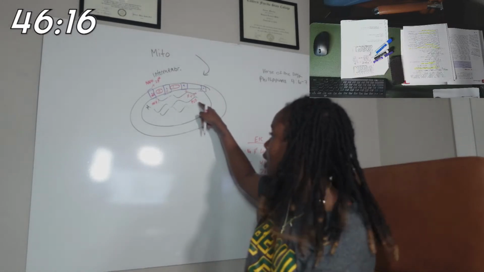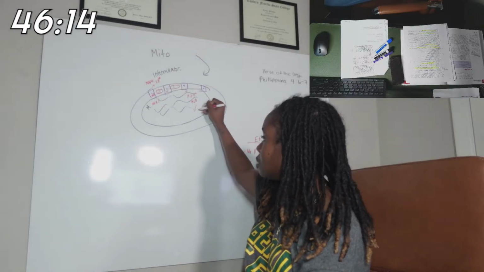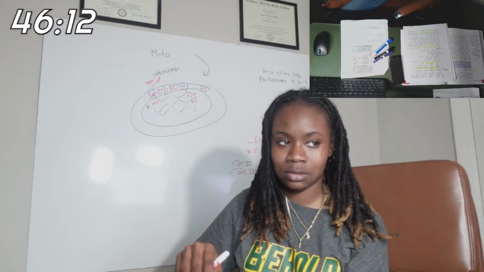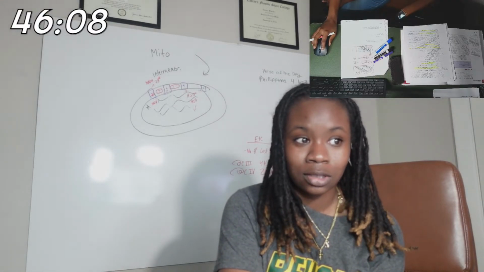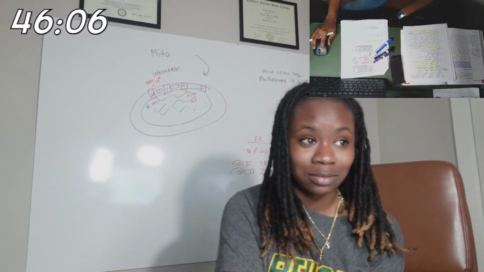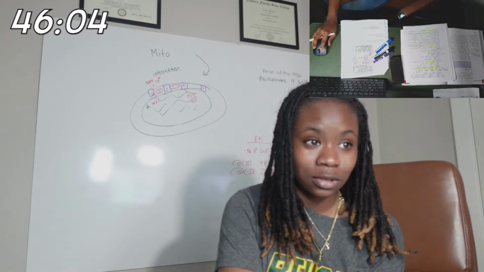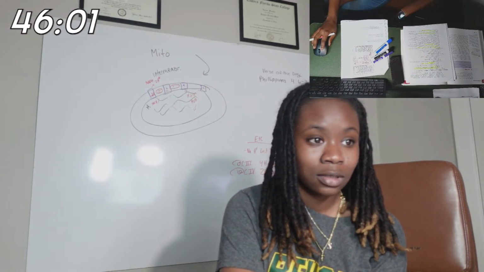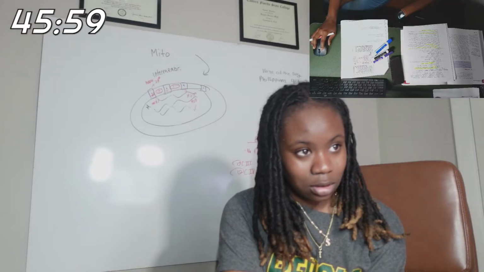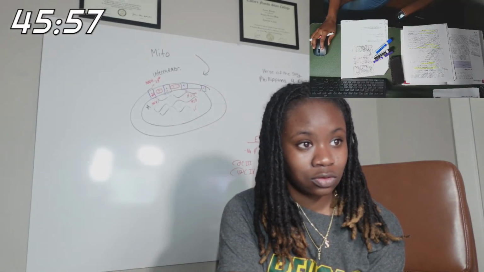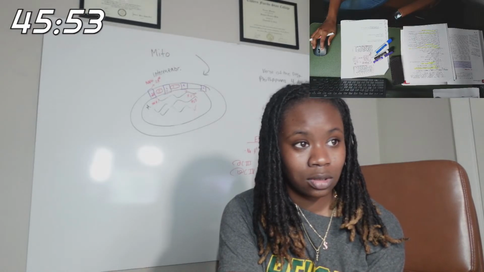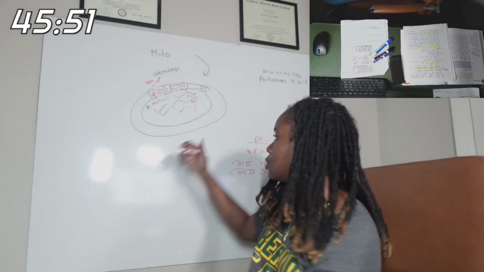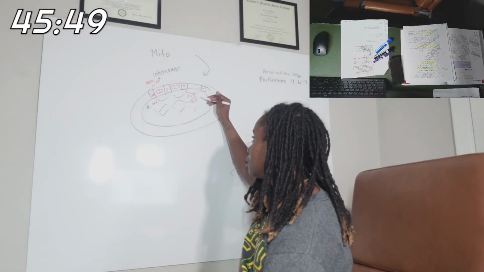Okay, that H2O stays in the matrix, right? I think. But this is all just in theory because I'm still learning it again for the 15th time in my life. Then in here we also have ATP.